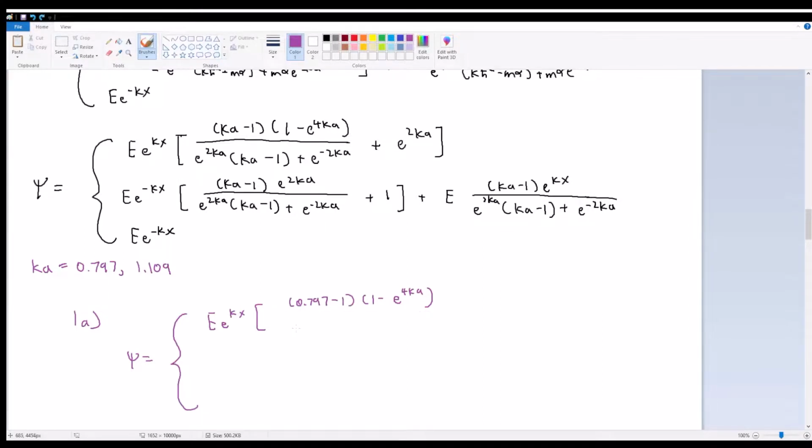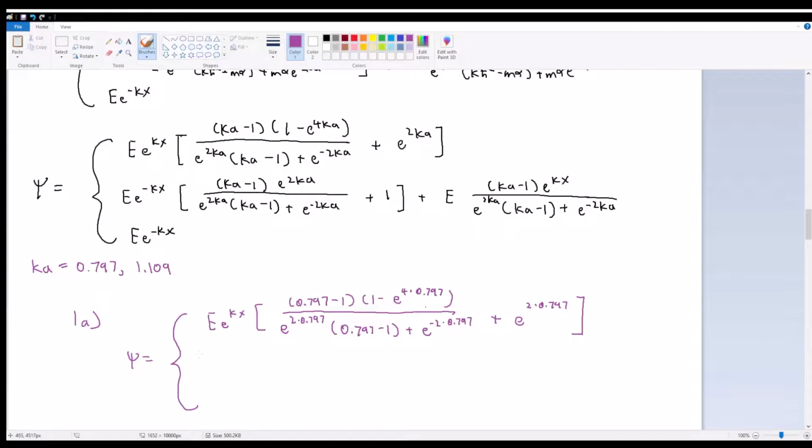In fact, these just all become numbers. Oh god, this is going to be very painful to write out because it's all numbers. So it's 4 times 0.797, and then we're dividing this by e to the power of 2 times 0.797 times (0.797 minus 1) plus e to the negative 2 times 0.797. And this is getting added with e to the 2 times 0.797.